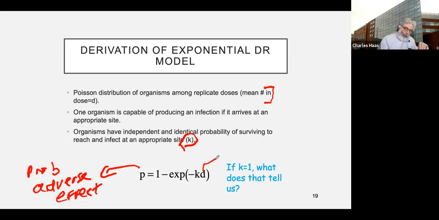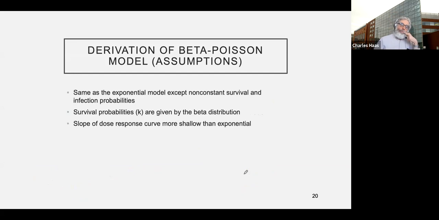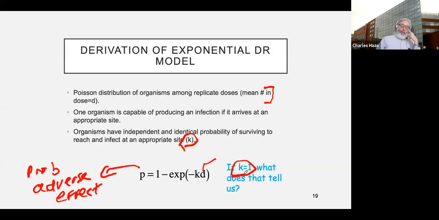If K equals 1, that tells us that once an organism lands at an appropriate site, with certainty, it will multiply and infect and go on to cause infection and then ultimately illness. If K is less than 1, it tells us that only a fraction will survive. So the exponential has a single parameter associated with it.